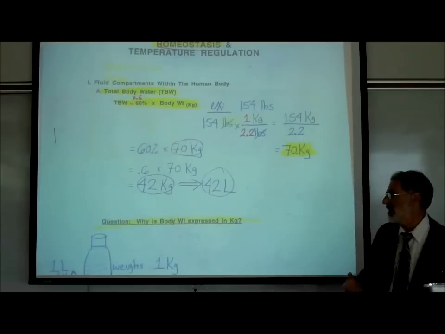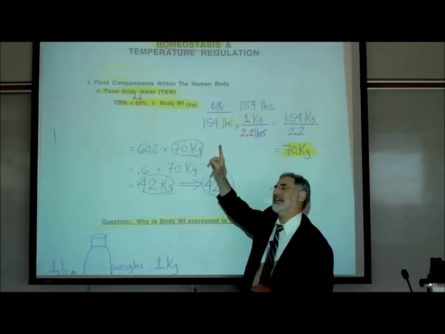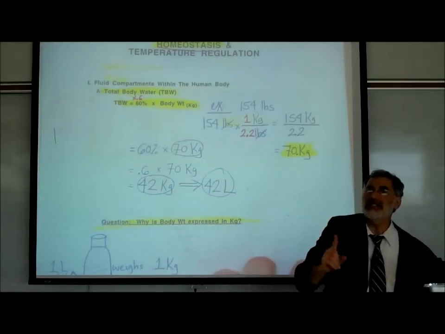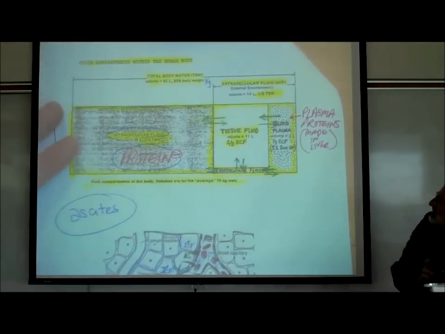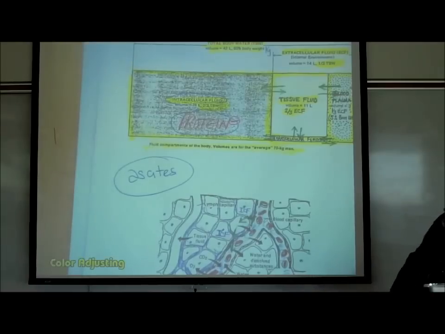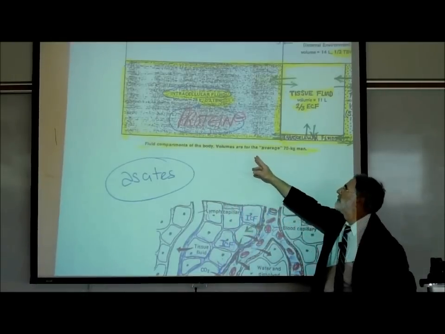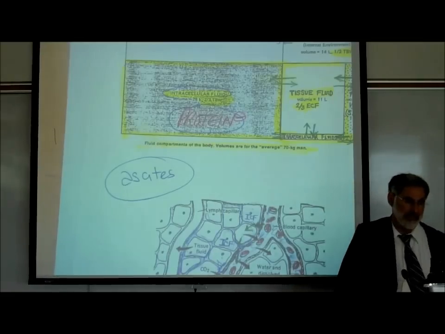In other words, I did not arbitrarily choose 70 kilograms or 154 pounds. That number is the reference person. So in fact, if you look on this diagram, let's read what it says right here in small print at the bottom. Fluid compartments of the body. Volumes are for the average 70 kilogram man.